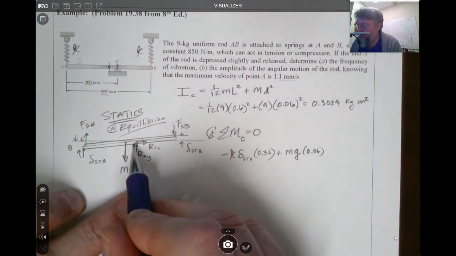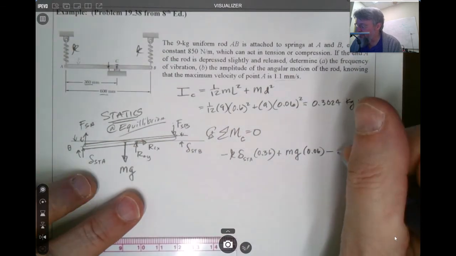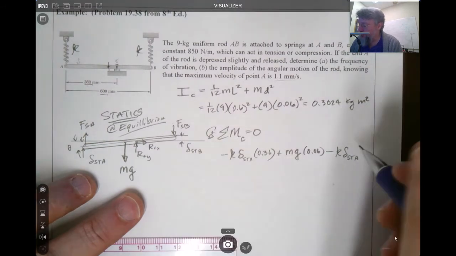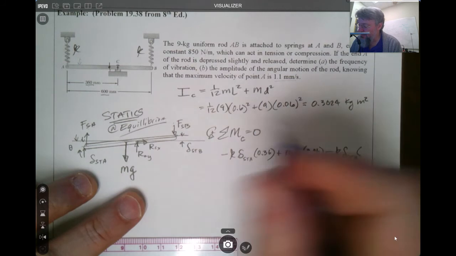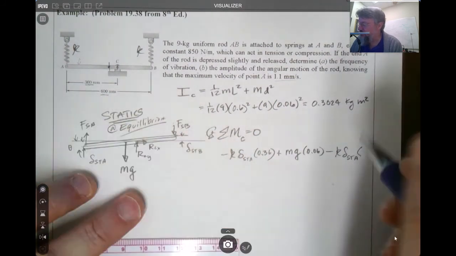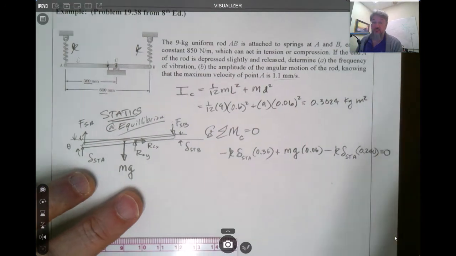And then lastly, we're going to have this guy, and he too is clockwise, and he's going to have k times delta static of B, and now this is going to be times 600 minus 360, that's 240, so 0.240, equal to 0.